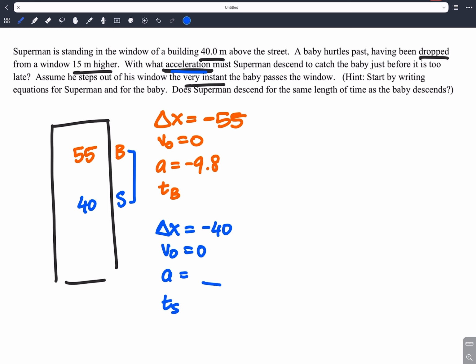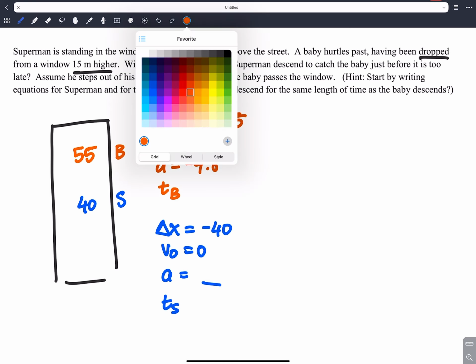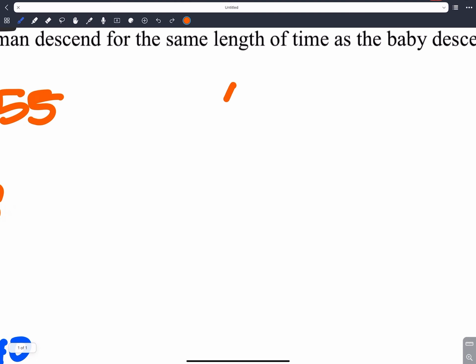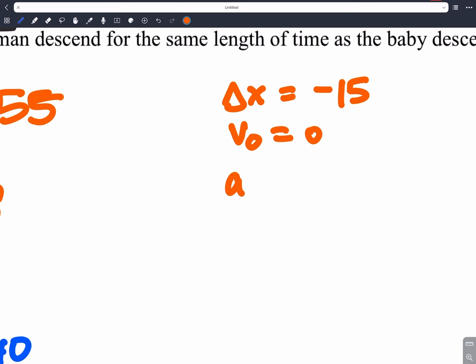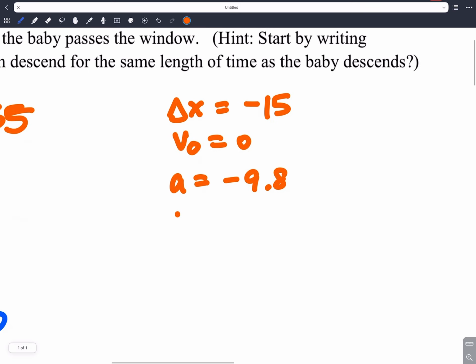The time the baby goes from 55 meters to 40 meters means that change in x in that scenario is going to be negative 15. Initial velocity is still 0, acceleration negative 9.8. And time is what we're supposed to figure out.